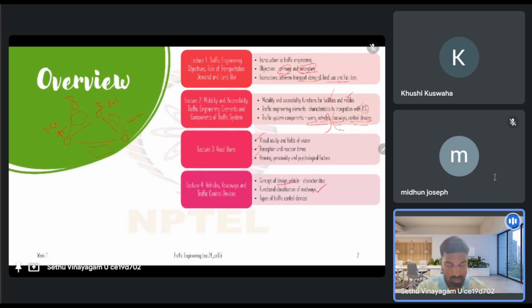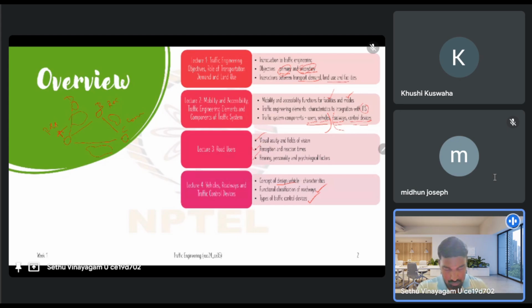And these vary by the mobility and the accessibility that they offer. And finally, we looked at the different types of traffic control devices, right? We have road markings, traffic signs, signals, delineators. All are different devices that we use to control the flow of traffic on the roads, right?